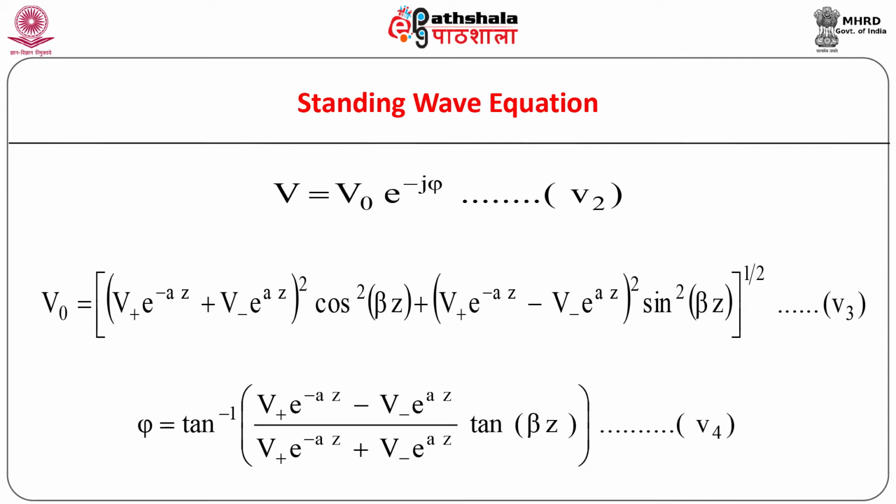The equation reads V equal to V0 e raised to minus j phi, where V0 and phi are the quantities as shown. The quantity V0 is known as the amplitude of voltage standing wave and gives the standing wave pattern of the voltage wave. Similarly, the quantity phi gives the phase pattern of the voltage standing wave.